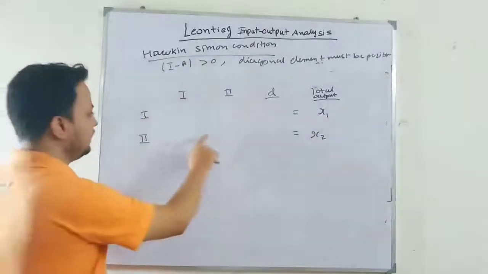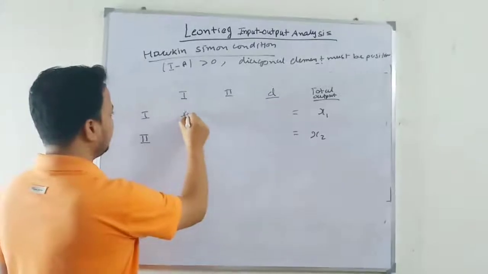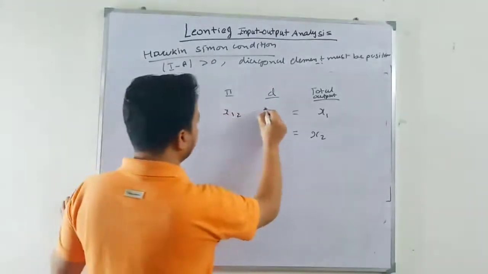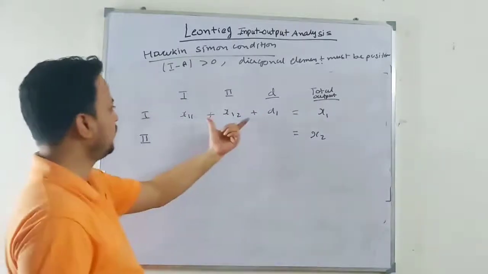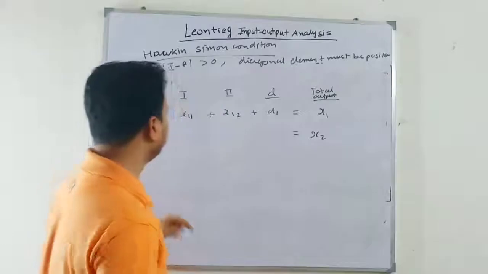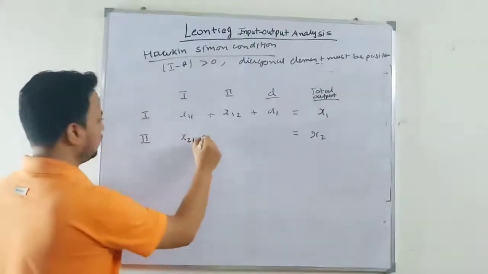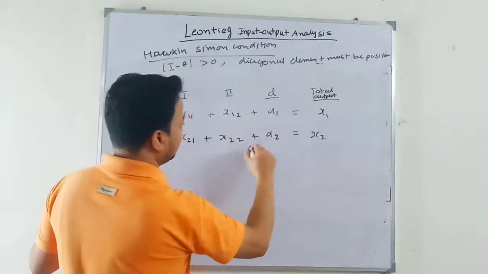I will add this, I will get my gross demand for industry 2. So this is my x11, this is x12, this is d1. When I add it, I get gross demand. So if one piece of information is not given, I can take out that information. Similarly, this is gross demand for industry 2.